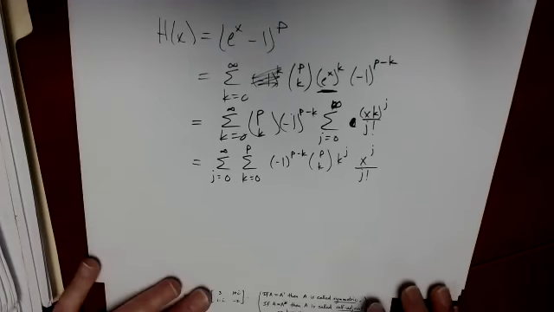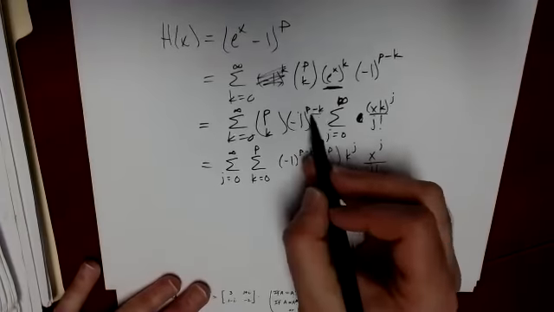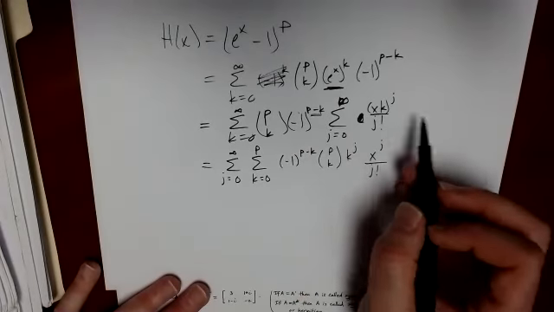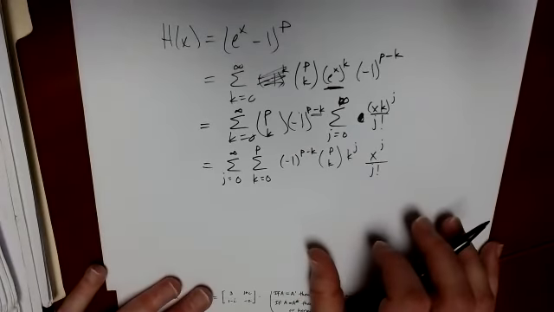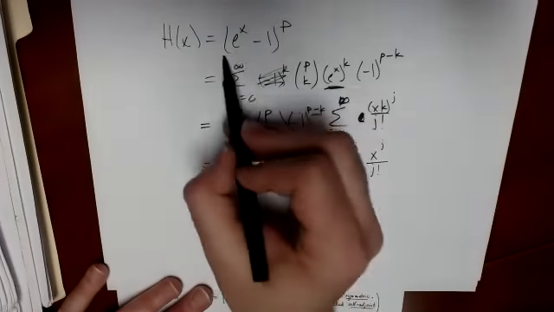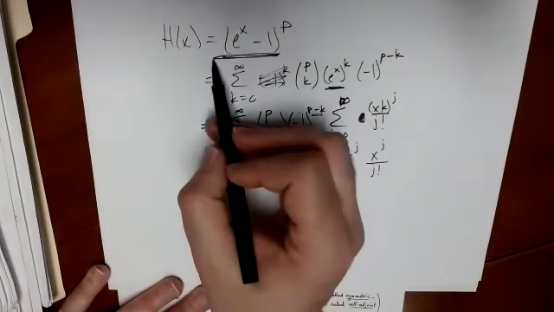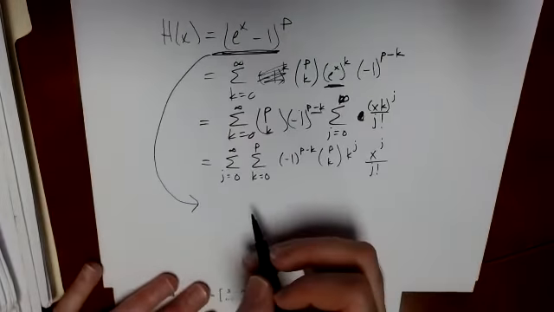Oh, I just switched it. I took this to be my p minus k, and that's, I think, where things are going wrong here. Give me a second. Let me start over at that step and flip this the other way.